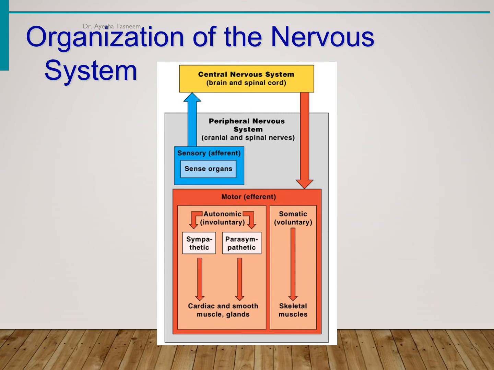And the central nervous system, by way of brain and spinal cord, interprets all the information, and then in turn activates the effector organs, the motors or the muscles.